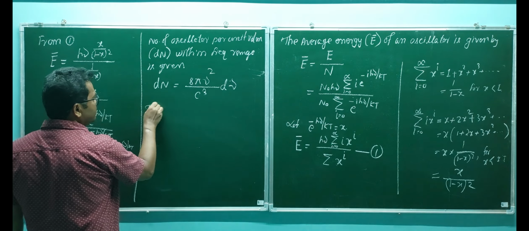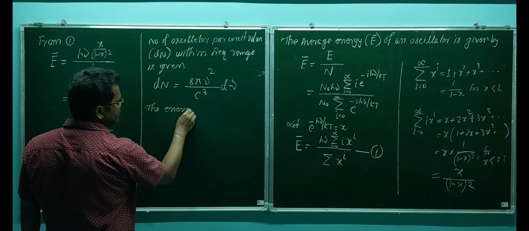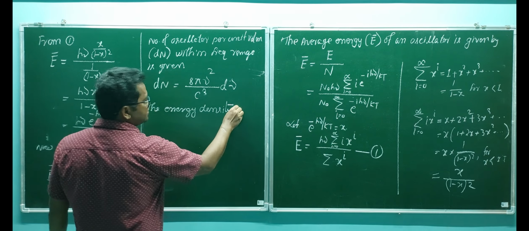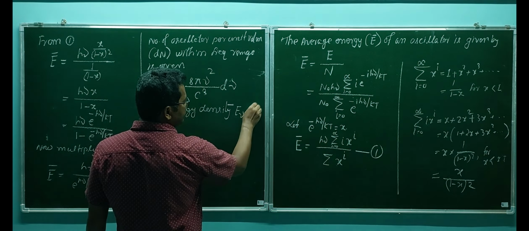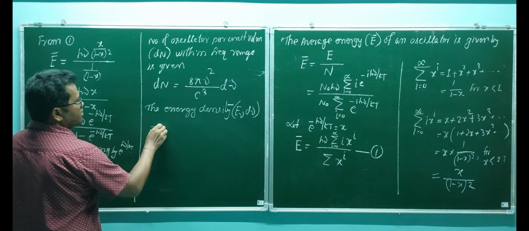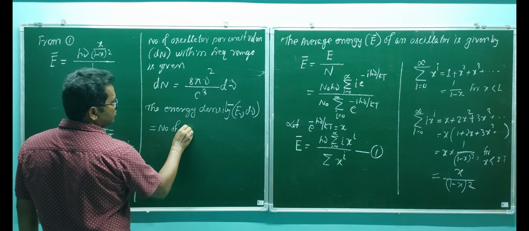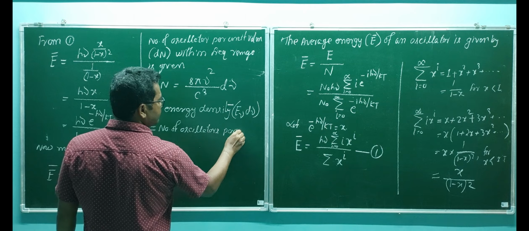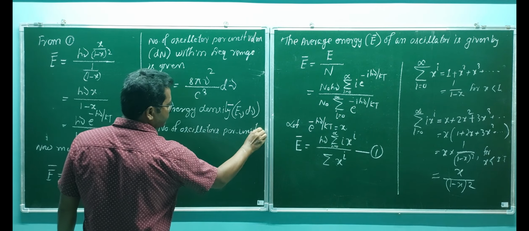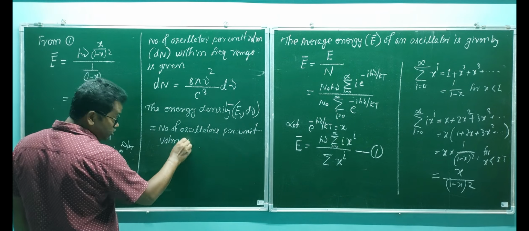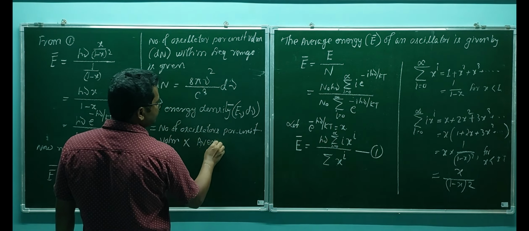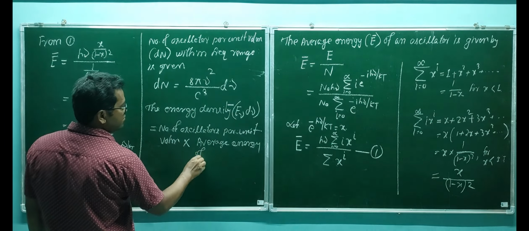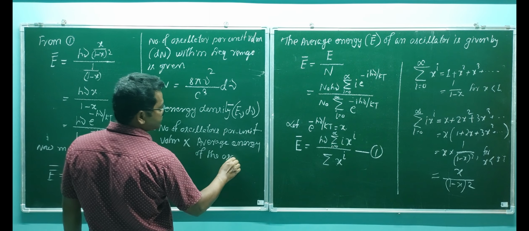Therefore the energy density, that is E nu d nu, is equal to number of oscillators per unit volume into average energy of the oscillator.